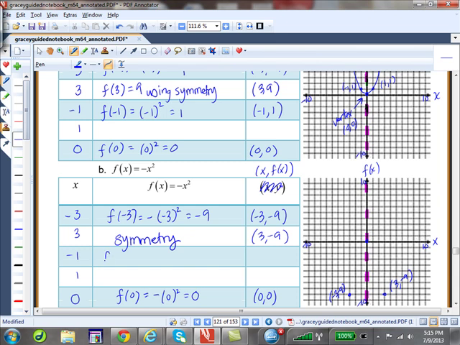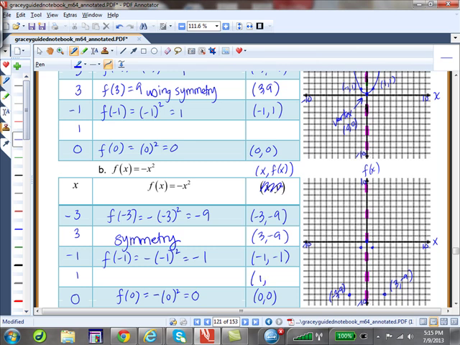Okay, and then -1. F at -1 will be -1 squared, which is -1. So we get an ordered pair at -1, -1, which is here. Where's my other ordered pair going to be? So I'm 1 away from the axis of symmetry, and then I go 1 more, and bingo, I get my other ordered pair.